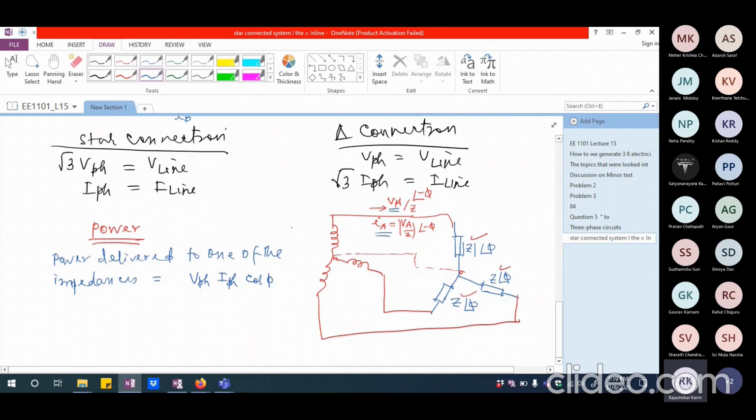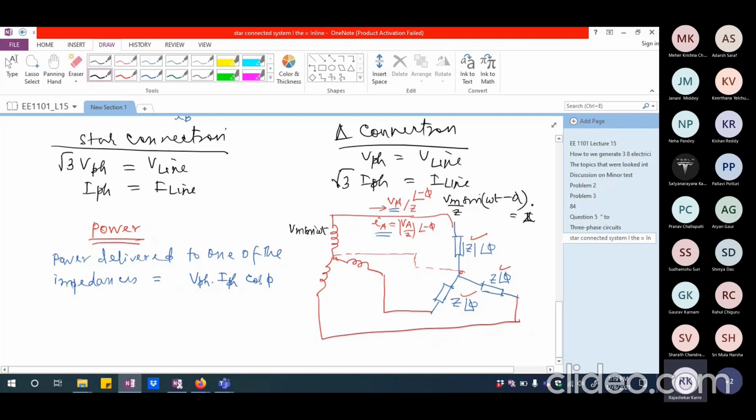If I call this voltage as Vm sine omega t, I'm going to have this current as Vm sine omega t minus phi, divided by Z, sorry. That is going to be the current. So this is going to be the current value, small i.